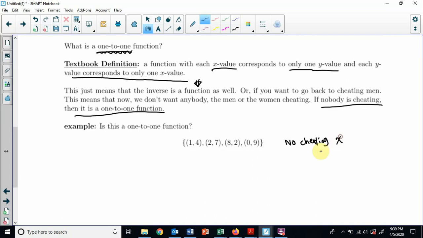No cheating x. There's also no cheating y. That means, yes, it's 1-to-1. Yes. 1-to-1. I forgot the other dash.